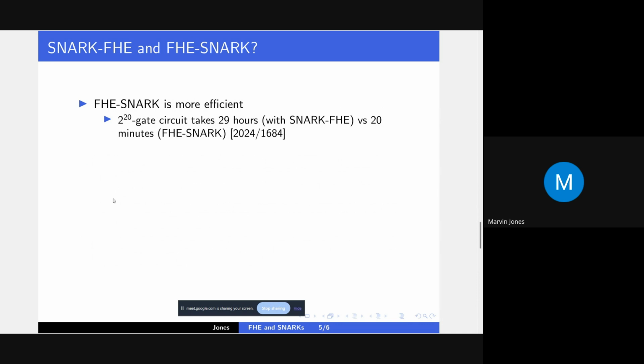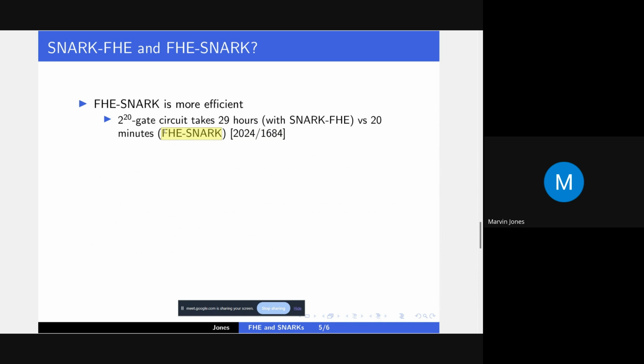But if you do FHE-SNARK, it apparently takes 20 minutes. The SNARK-FHE version is from this paper, and the FHE-SNARK is from the implementation that I neglected to write down. The paper is actually just called SNARK-FHE versus FHE-SNARK, but we'll get the ePrint code to you later.